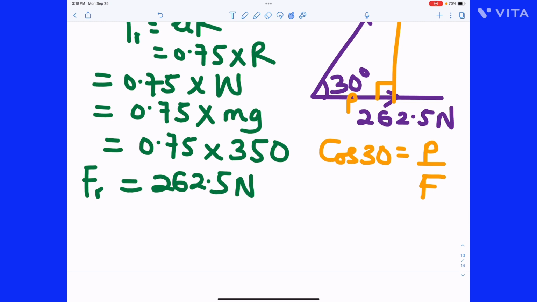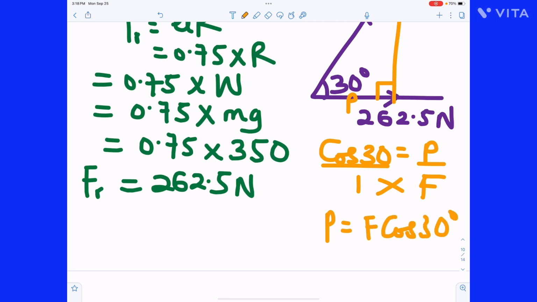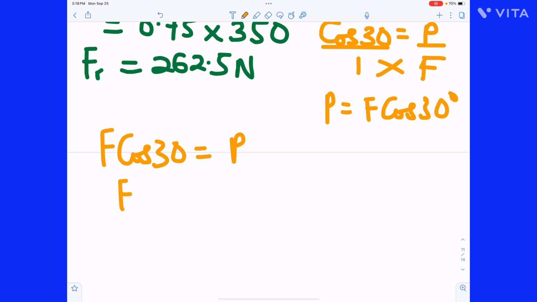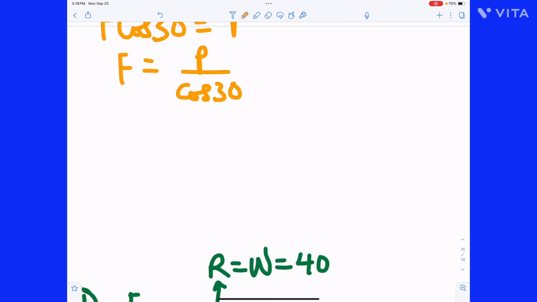If I cross multiply, my P will be equal to F cos 30. Or I can write that F cos 30 is equal to P. So F is P over cos 30. That means F is what?